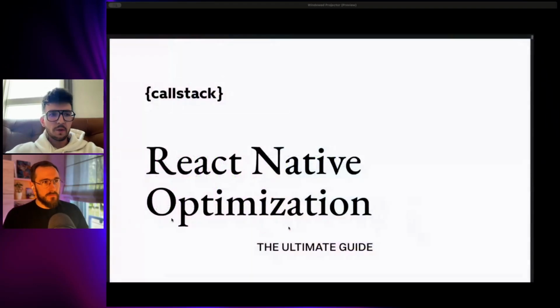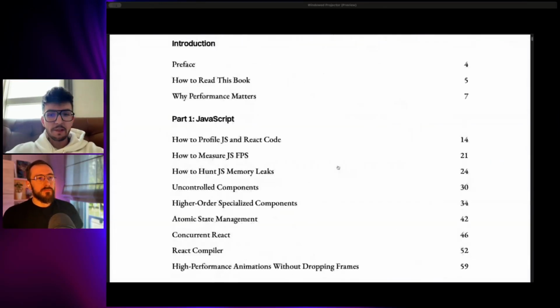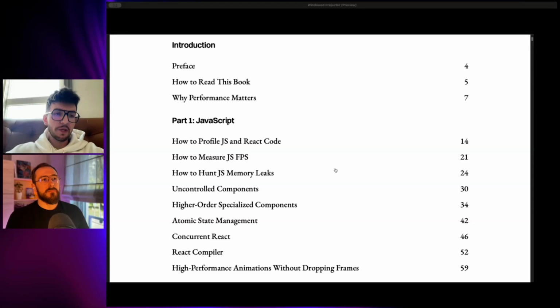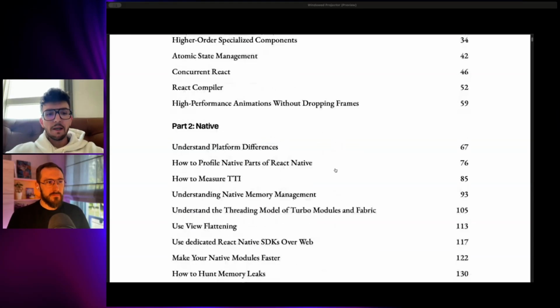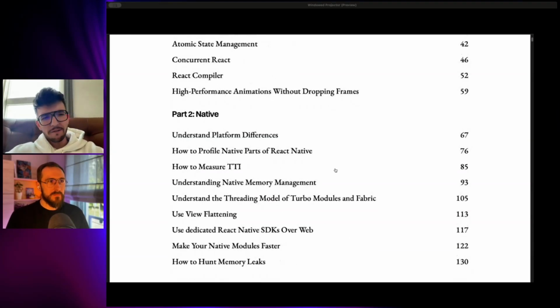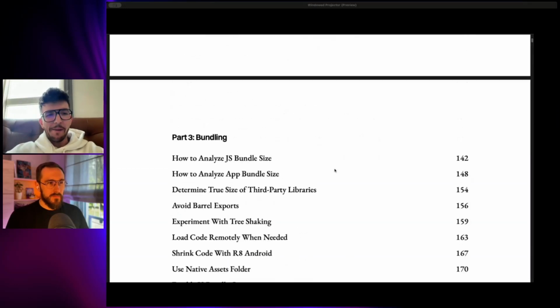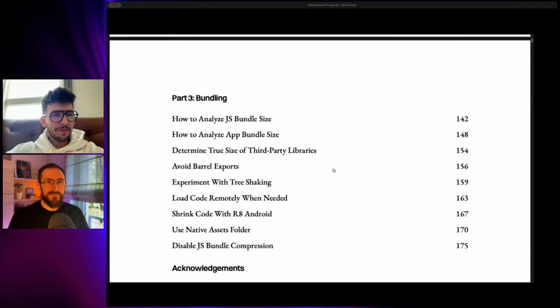And during those webinars, we're going through different parts of that guide on some real examples. The guide has three parts. The first one is JavaScript. Then we have React Native and native. Actually, native, React Native, and bundling. That's correct. True. So we have those three parts.